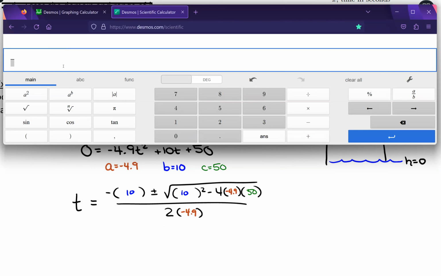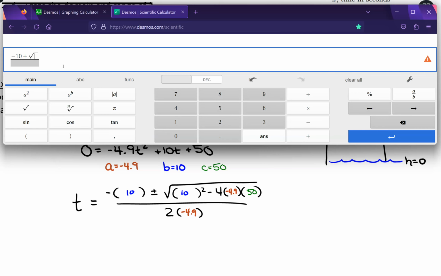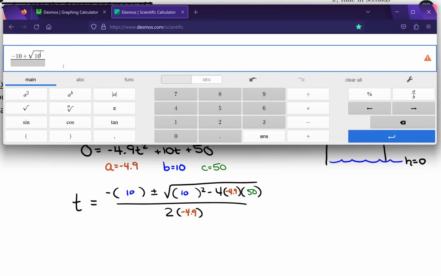I'm going to separate up my fraction, and I'm going to have a negative 10, and let's go ahead with plus the square root of 10 squared minus 4 times negative 4.9 times 50, all over 2 times negative 4.9. That's giving me negative 2.33.